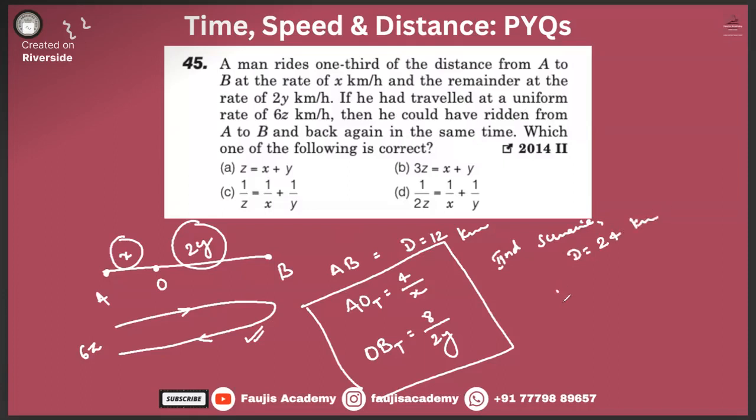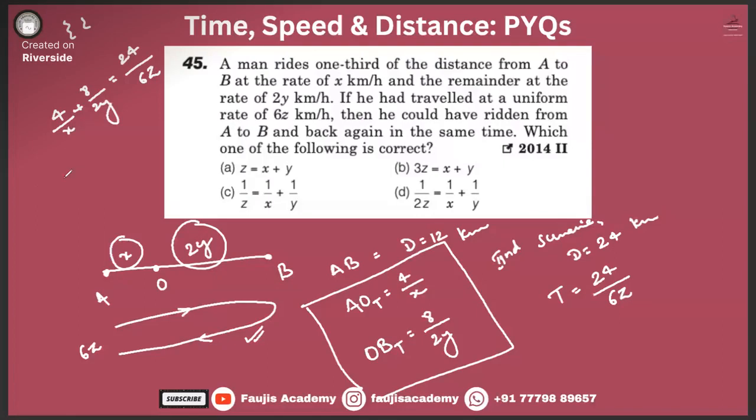And the time, let's call it capital T, will be distance by speed. Now basically what they're saying is that 4 by x plus 8 by 2y is equal to 24 by 6z. Am I right or wrong? Okay, so this is what they are saying.